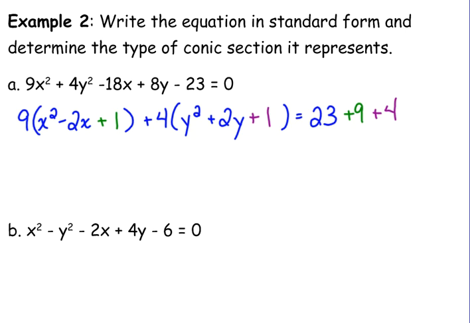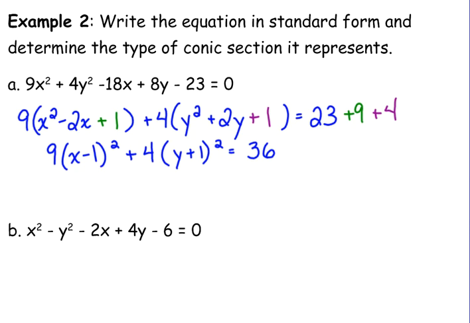All right. So we have 9 times x minus 1 squared plus 4 times y plus 1 squared is equal to 23 plus 9 is 32 plus, or not, 36. Yeah, 36.